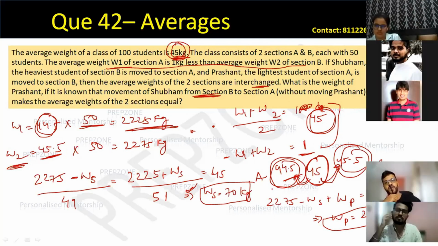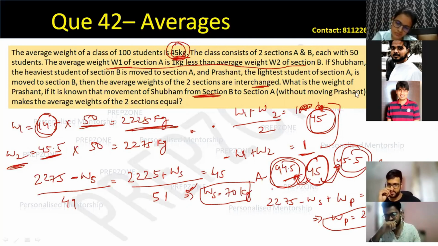See, Nandini, if I say that you had weight W1, and your friend, say Samriddhi, had weight W2, and I tell you that the average weight of Samriddhi and Nandini was, say, 60 kg, and then I say that you have reduced your weight by some x kg, and Samriddhi has gained weight by x kg, and then the final average weights of both of you are equal.